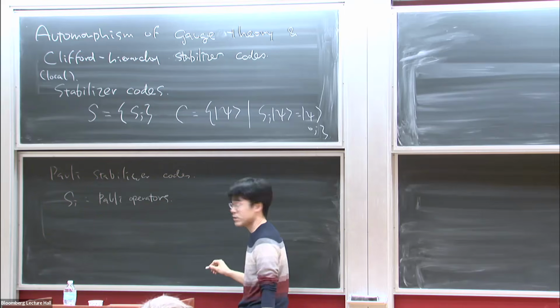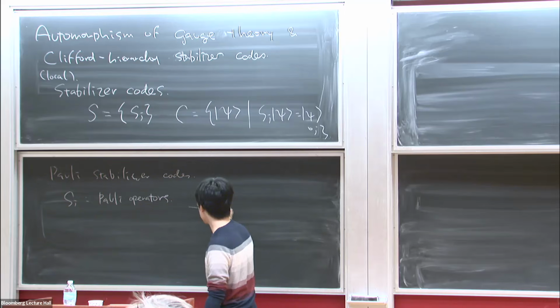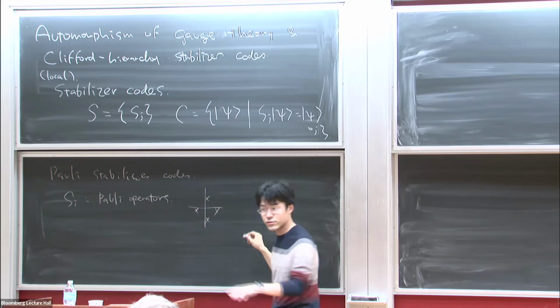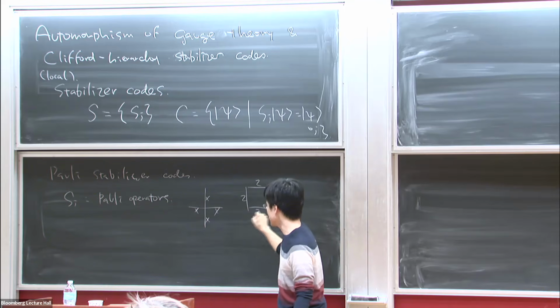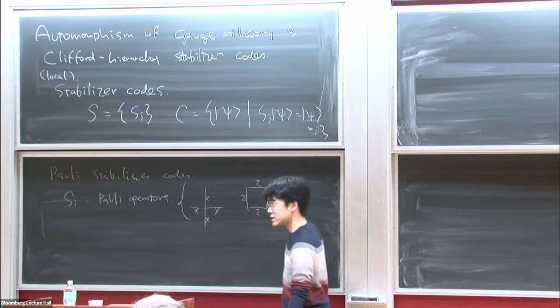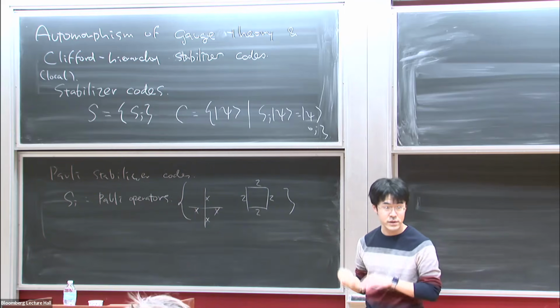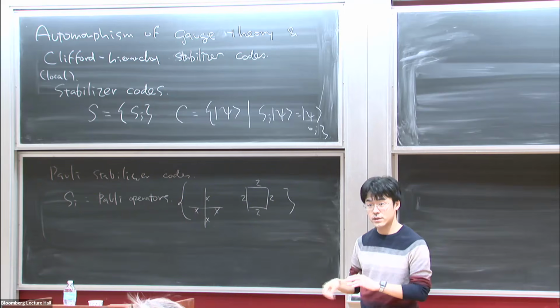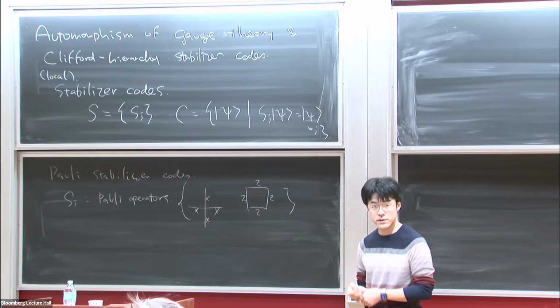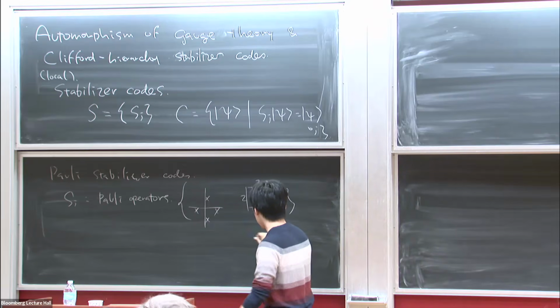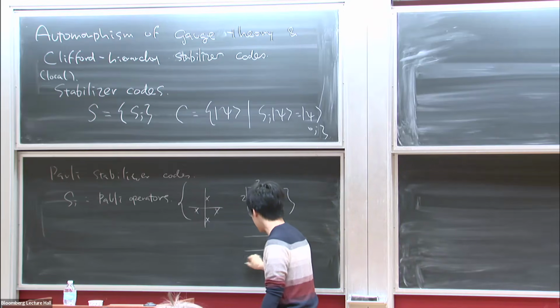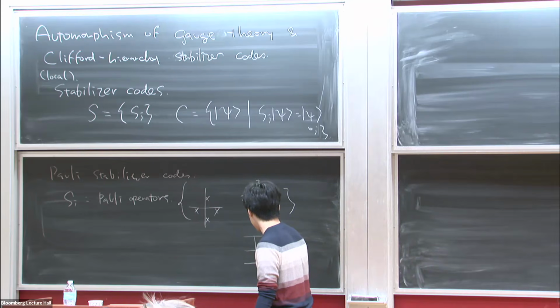There are many well-known examples of the Pauli stabilizers. For instance, the most well-known example is the toric code, which is just given by these operators. These operators commute with each other, and this common eigenstate stores a logical qubit on the torus. The other well-known example is the so-called surface code. It looks like this.